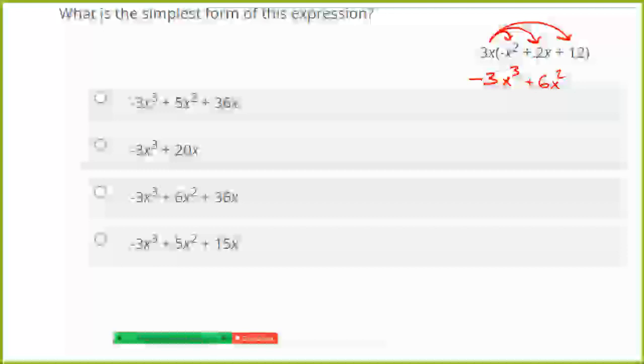Are you still there? Is everything good? I didn't hear you. I'm sorry, I think I just lost your audio for a second, connection. And then last up, you got your 36x, right? 3x times 12 is 36x. Okay, very good.